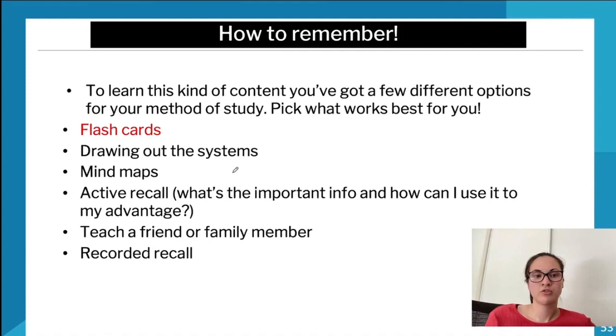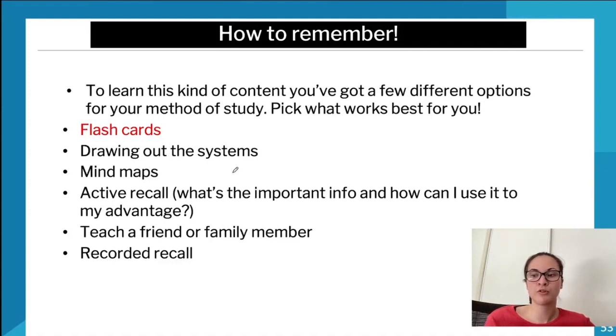So another thing you can do is draw out the system. So draw out your diagrams, draw out your projectile motion, inclined planes, and label. Do mind maps, Cornell note-taking, active recall, what's the most important info and how can you use it to your advantage. Make sure you talk about those formulas, those units. Work with a friend as well that might be studying at the same time.